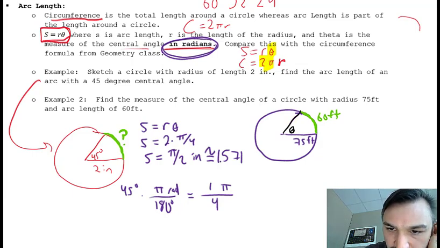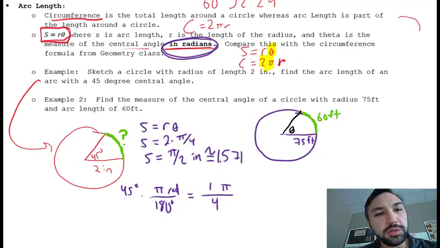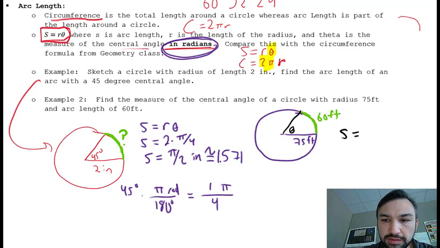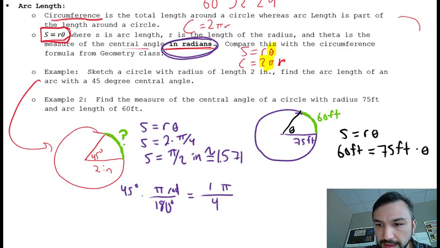What would be the measure of the central angle? Well, this formula still applies to us because we know 2 of its 3 variables. So S equals r theta. So 60 feet equals 75 feet times theta.